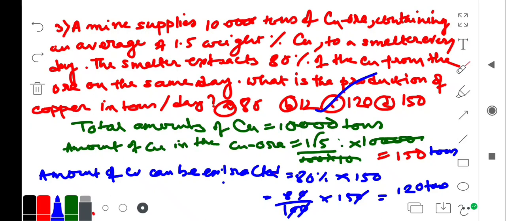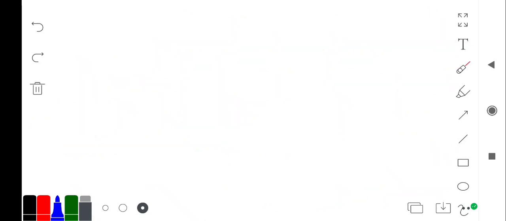Now from the 150 tons I got, 80% of the copper is extracted. The smelter extracts 80% of copper from these 150 tons. So the amount of copper that can be extracted is equal to 80% into 150, which is equal to 120 tons. So the option is 120 tons. Okay, next.